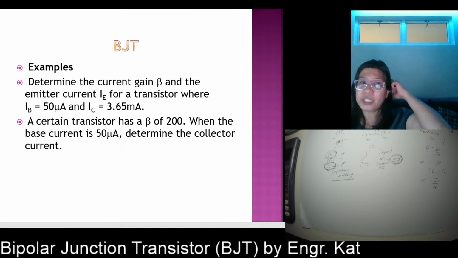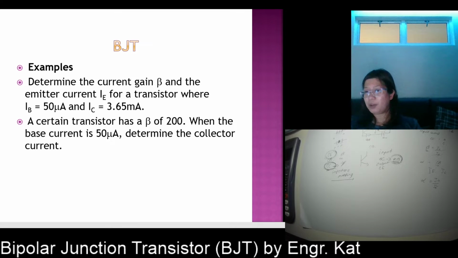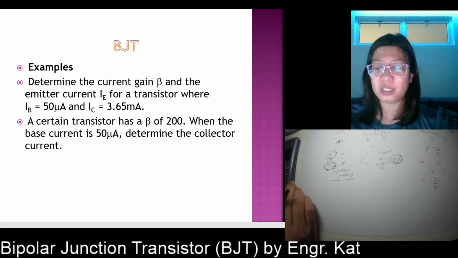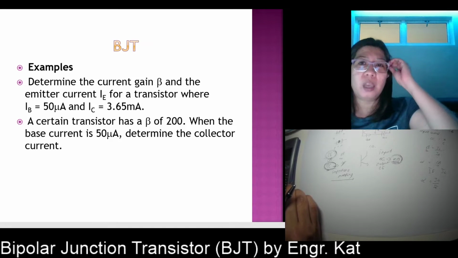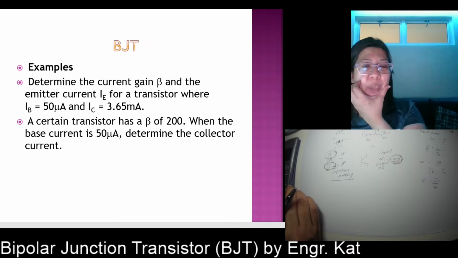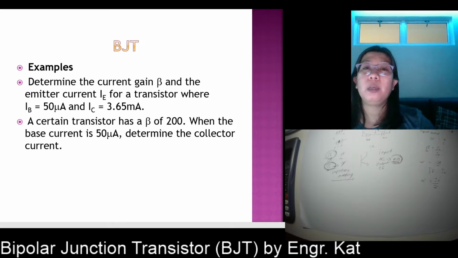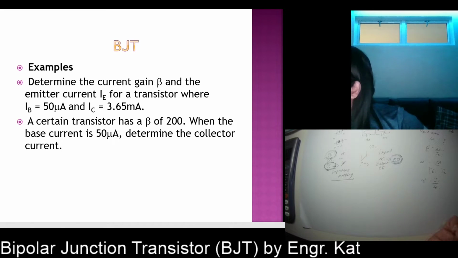So we have here a very simple example. So this is a very simple example, class. All you have to do is to use your calculator here. So this is just addition, subtraction, and multiplication. So we have here determine the current gain, beta. So why do we refer to beta as current gain? Because as you can see, what is your input?